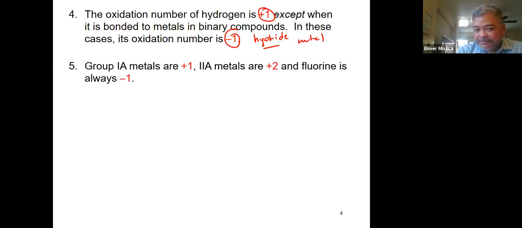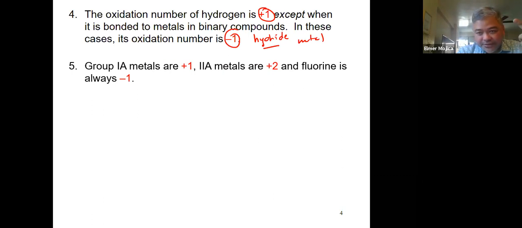Okay? Now, group 1A metals, group 2A metals, whatever the group number that they have, usually when you combine them with another element, the group 1 serving as cation will be +1. The group 2 serving as cation will have a +2.